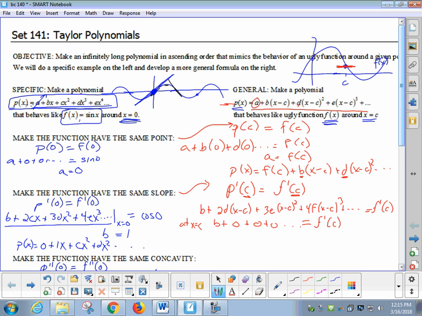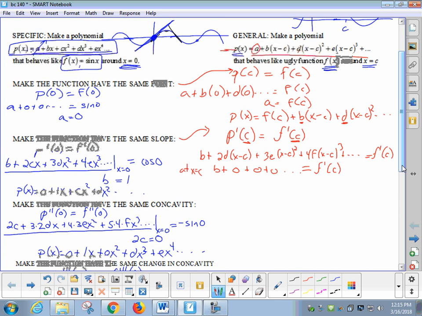Okay. At that point, my polynomial is f at c plus f prime at c times x minus c plus, don't know d, x minus c squared plus, don't know e, x minus c cubed, and so on.